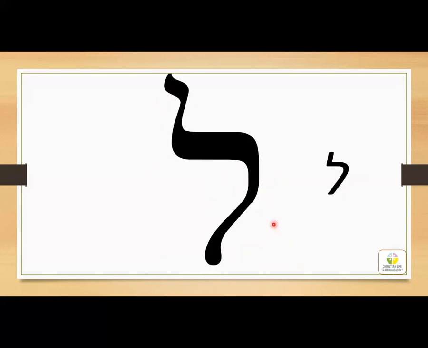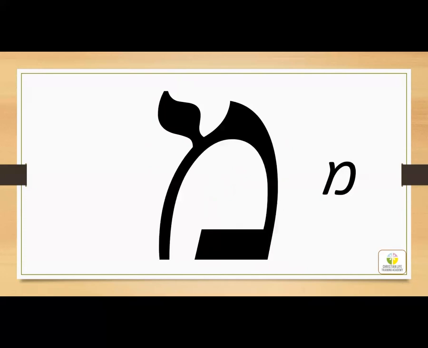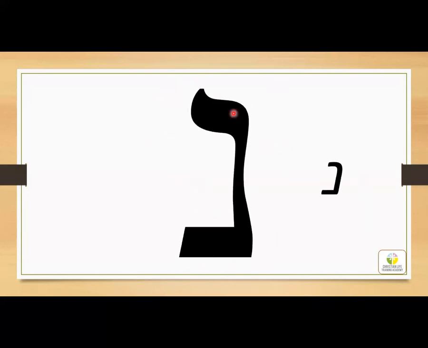Lamed, Mem. There's the little frog sitting on the stone. Nun. Now, when we have the last letter and it's the N, then this part here breaks off and goes straight down.